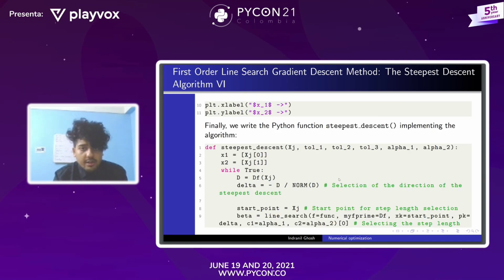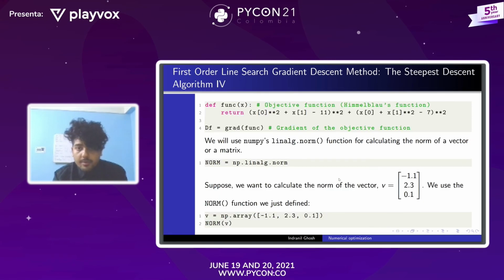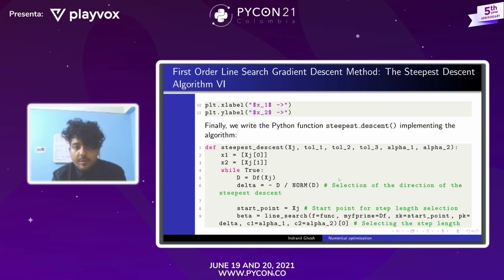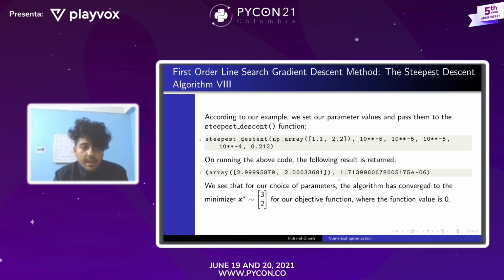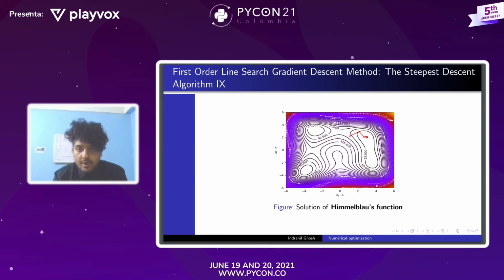If we run that using correct parameter values, we see that we end up with the value 3 and 2, which is one of the minimizers, and the objective function value at that point is 0. And this is the visualization. We started from here and it has ended here. So this is one of the minimizers.